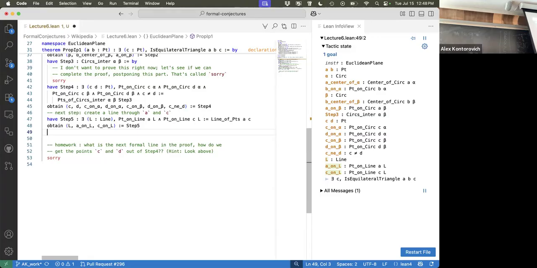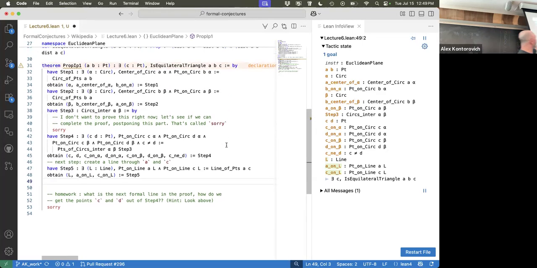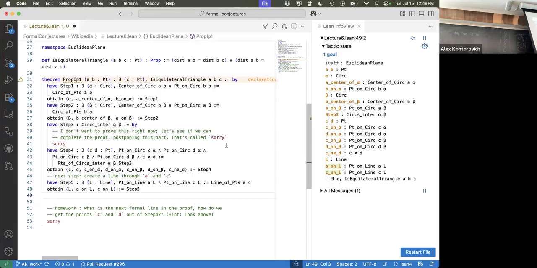Why do we want to draw a line from A to C? Yeah, because we want to draw the triangle. But actually, if you think about it, our fundamental goal is to prove that there exists a point C so that ABC form an equilateral triangle, and the definition of being an equilateral triangle is that the distance from A to B is equal to the distance from B to C, and equal to the distance from A to C. They're all the same distances.